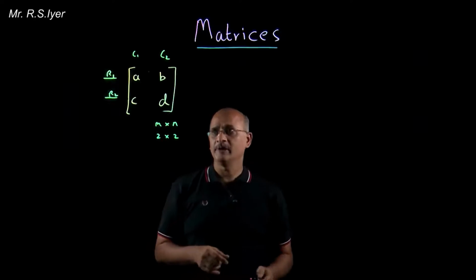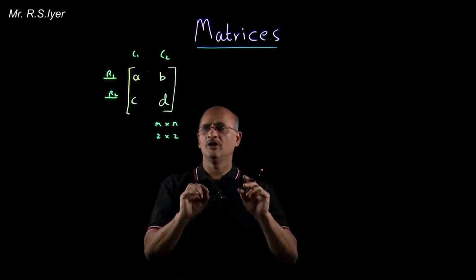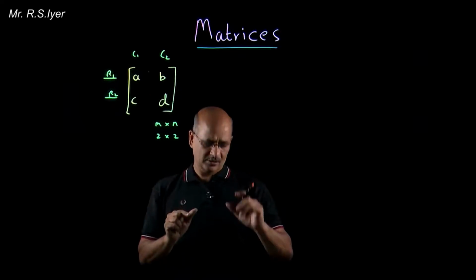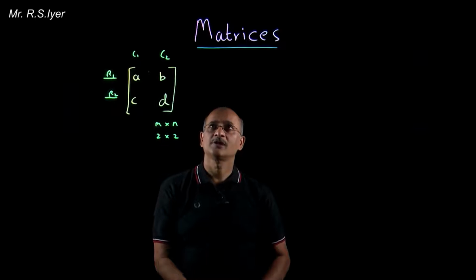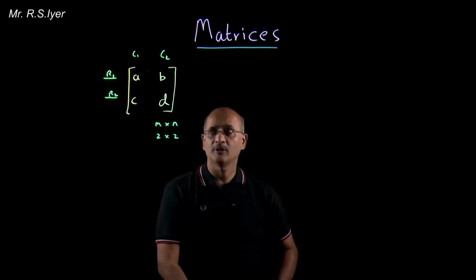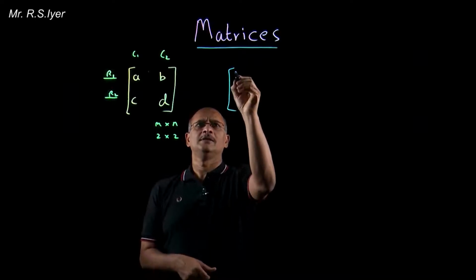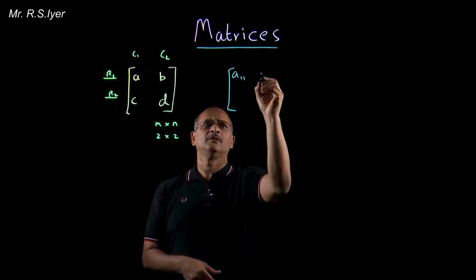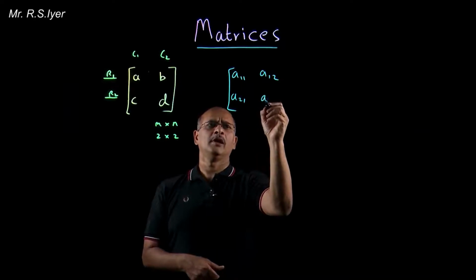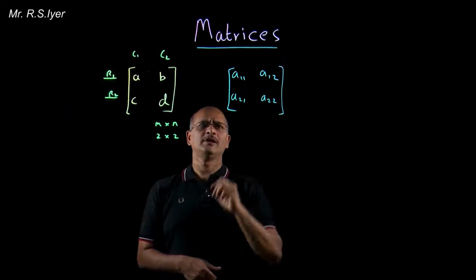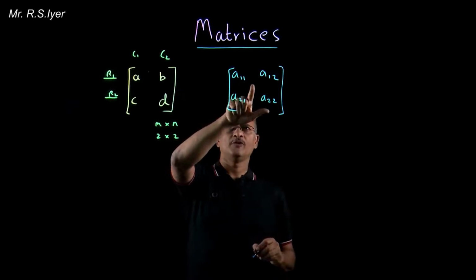Before we proceed, I want to educate you on the position of the elements. So if I take this 2 by 2 matrix, remember this element is A11, this is A12, A21, A22. For element A11, you see the first row, first column.